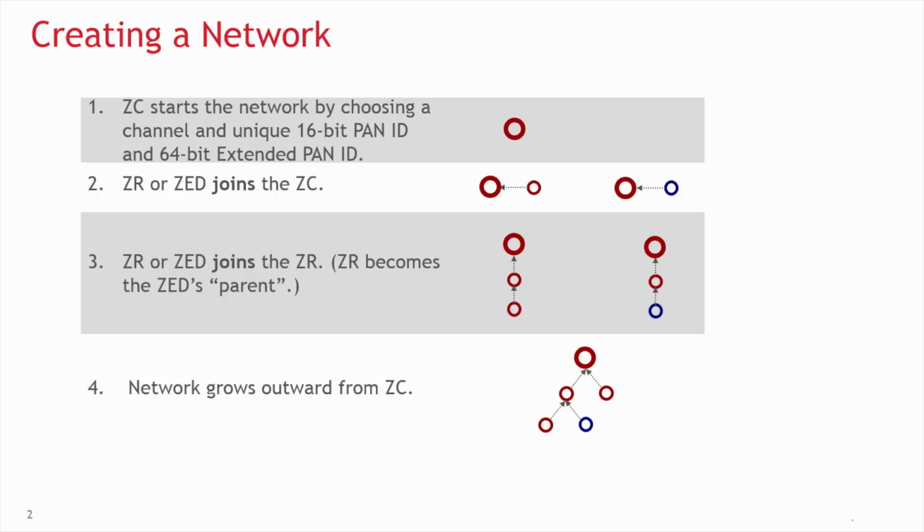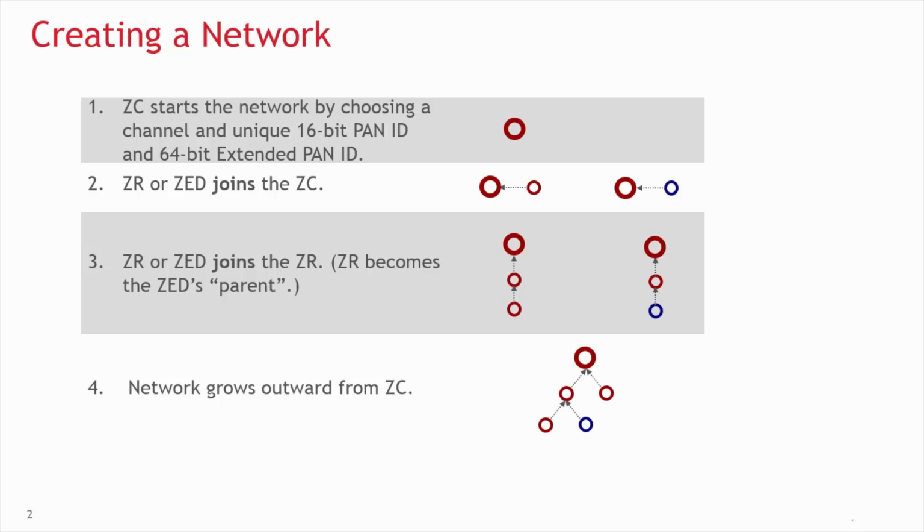The coordinator begins by choosing a channel, which would be one of the 2.4 GHz allocations designated 11 through 26. These represent channels with center frequency from 2.405 GHz all the way up to 2.480 GHz.